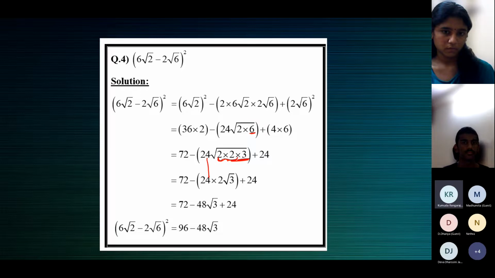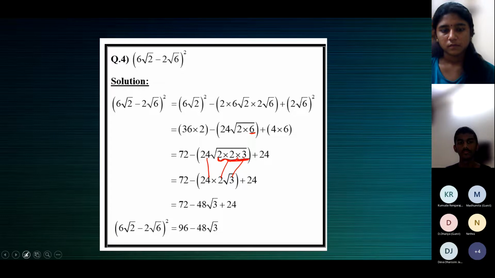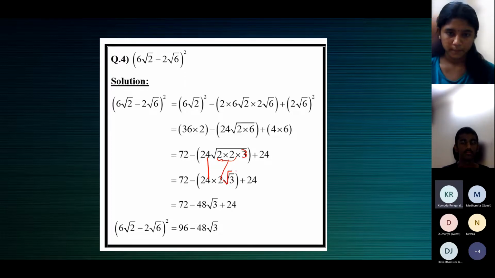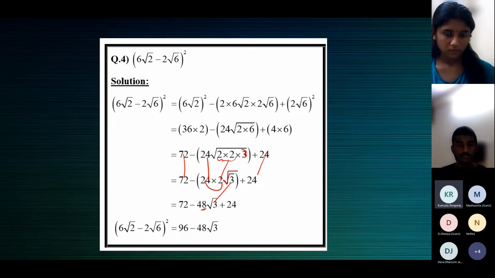So you have this 24 out of the square root and the 3 remains under the square root. Now 24 into 2 is 48, so 48 root 3. And 72 plus 24 is 96. So 96 minus 48 root 3 is the value of this expression.